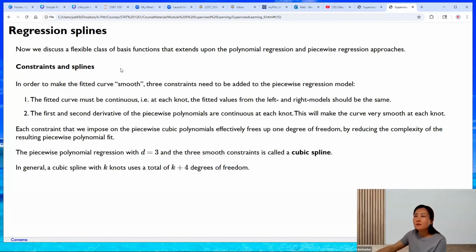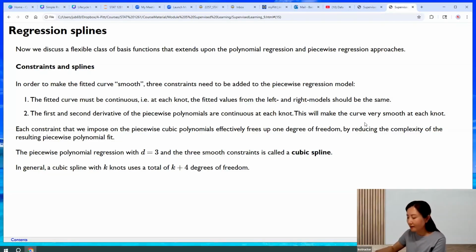Regression splines. Apparently the previous model won't work well because the model is not even continuous. In order to make the fitted curve smooth, we will put 3 constraints in the model. First, the fitted curve must be continuous, i.e. at each knot, the fitted values from the left and right should be the same.